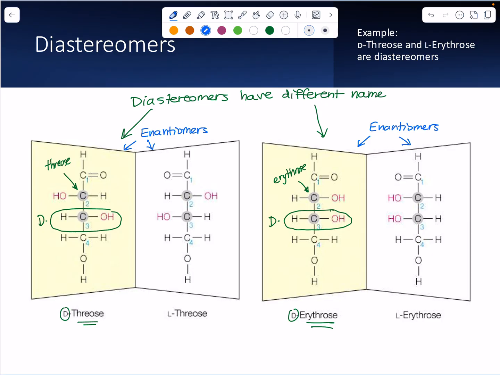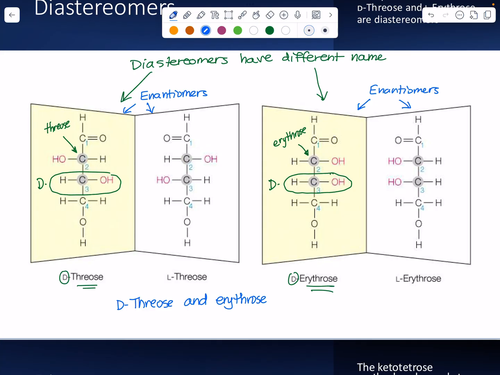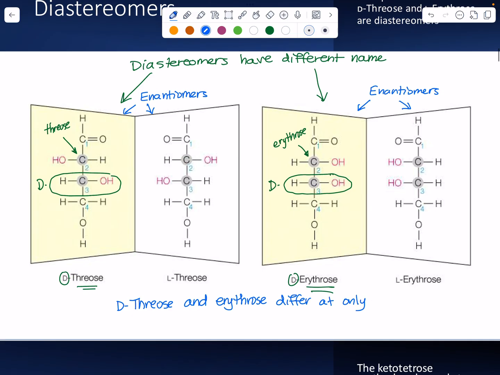There's one other term we're going to talk about, because if you look at these, D-threose and D-erythrose differ at only one chiral center.